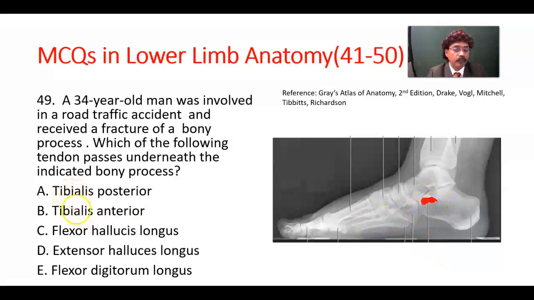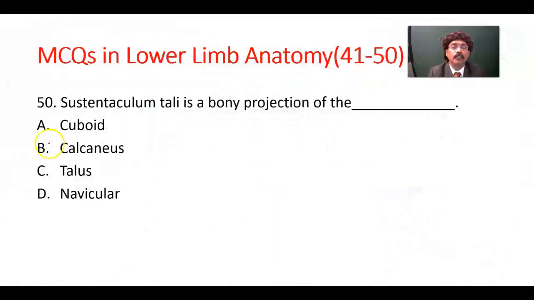Tibialis posterior, tibialis anterior, flexor hallucis longus, extensor hallucis longus, flexor digitorum longus. What is the bony process? Sustentaculum tali. What passes underneath the sustentaculum tali? The answer should be flexor hallucis longus. Next question.